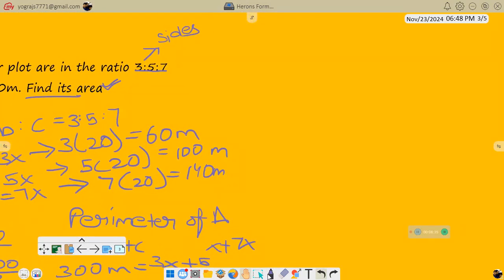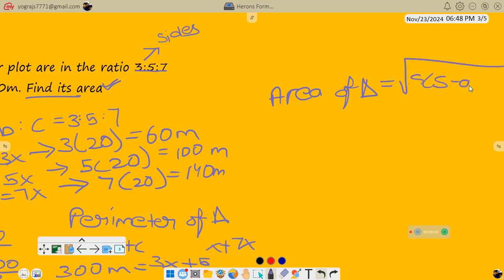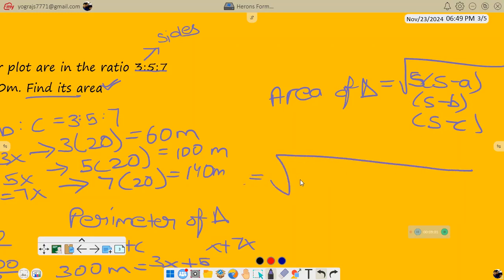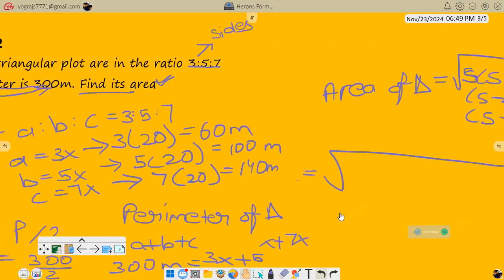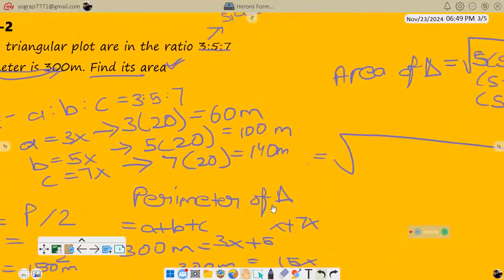Now coming on to the solution, that is mainly the area of the triangle. Area of the triangle with respect to Heron's formula equals the square root of S times S minus A, S minus B and S minus C. Now we found the semi-perimeter, which equals 150 meter.